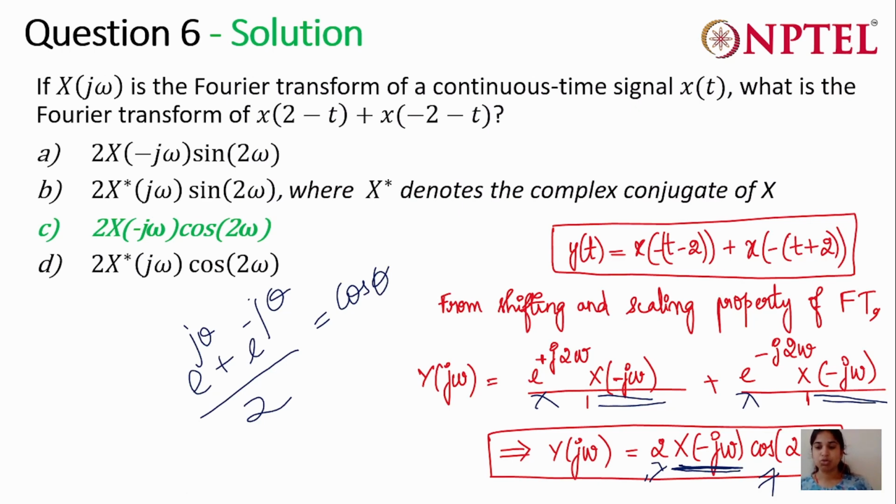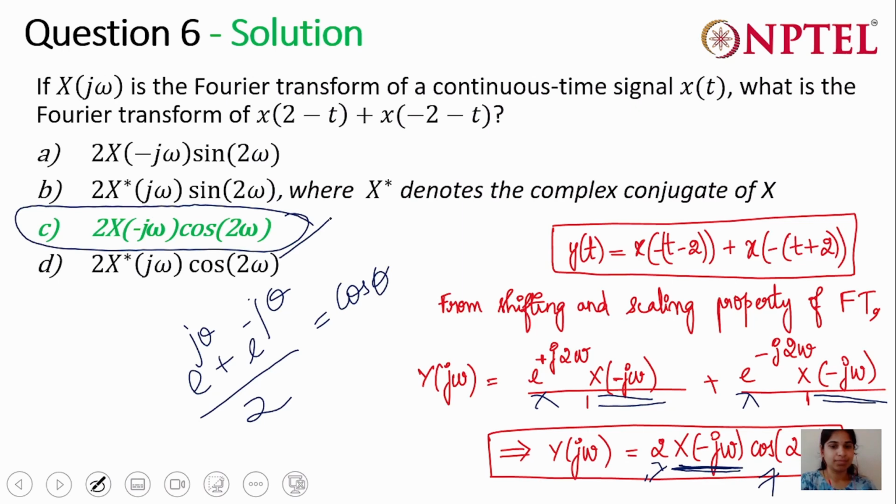So the answer is 2 into capital X of minus j omega into cos of 2 omega. So the answer is C. Is this clear, guys? Okay.